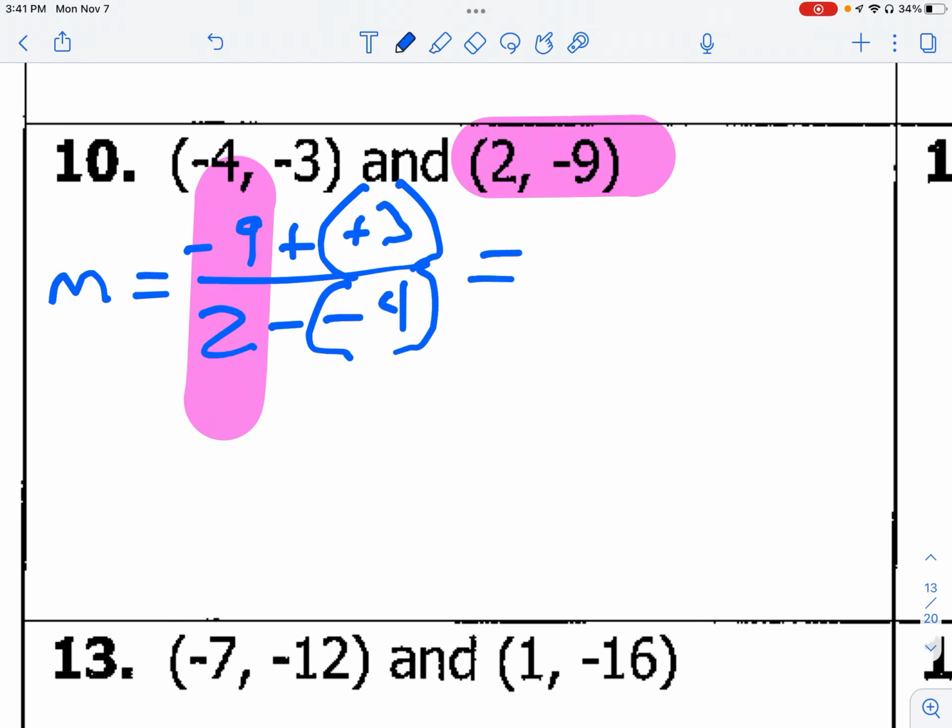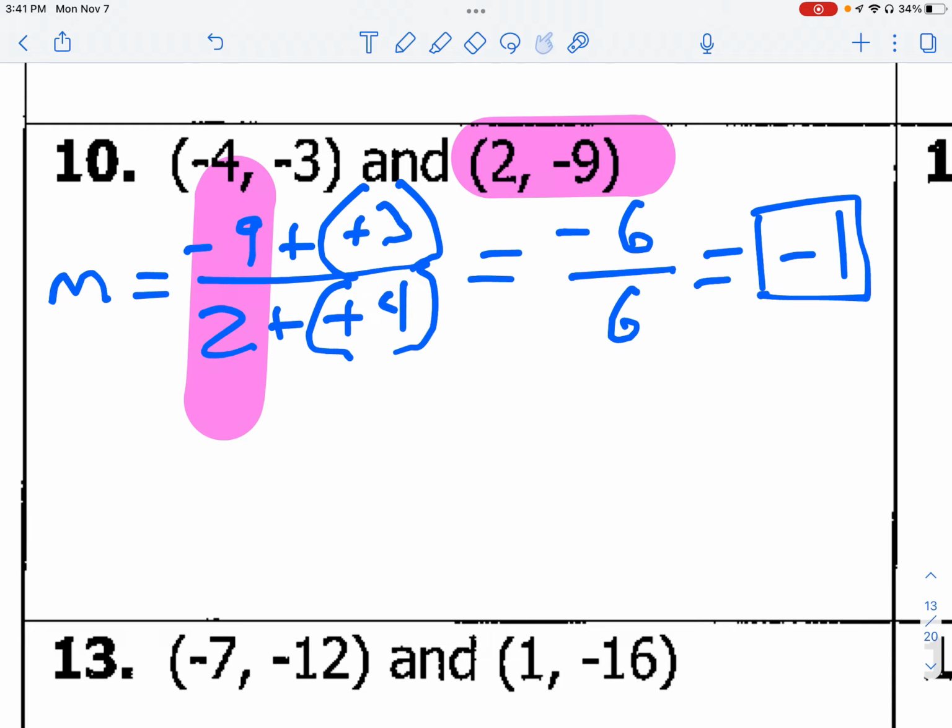All right. So -9 plus 3 is -6. 2 plus 4 is 6. m equals -1.